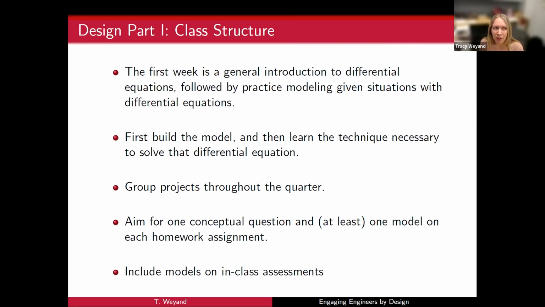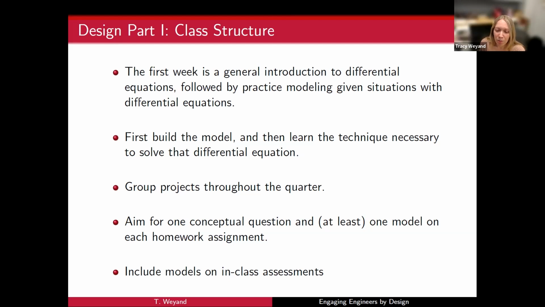That could be something like, well, what do you expect this parameter value to be, positive or negative, and explain why? Or what do you expect the solution to do when this parameter value increases? Explain why. And I also make sure that there's at least 1 modeling scenario on each of those homework assignments as well. And there's typically homework each week.